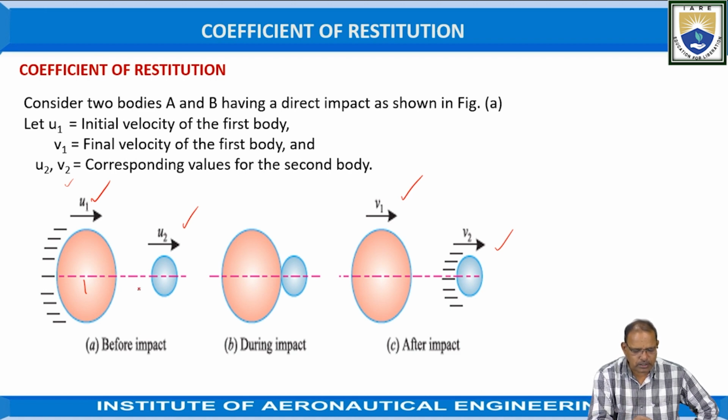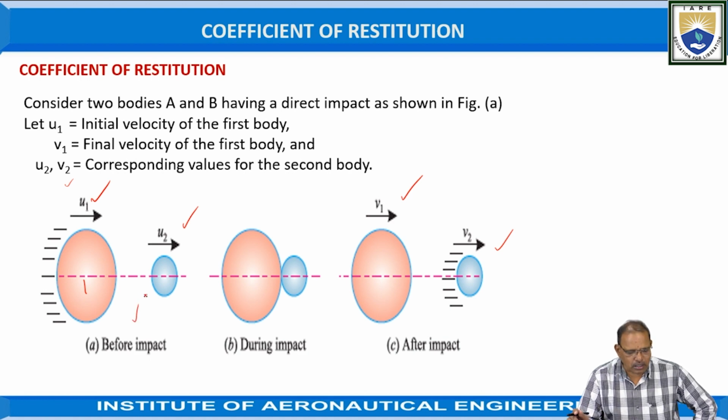The first figure represents the two bodies before impact. According to this position, u1 is greater than u2. This is after impact. In the restitution process, they are separated.